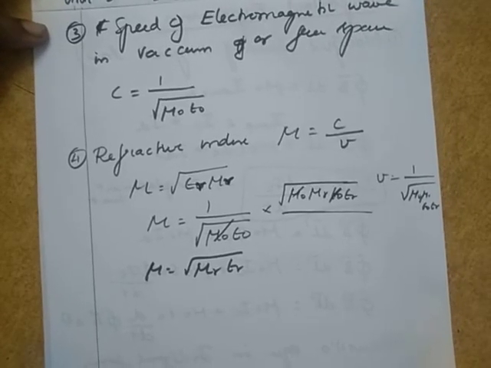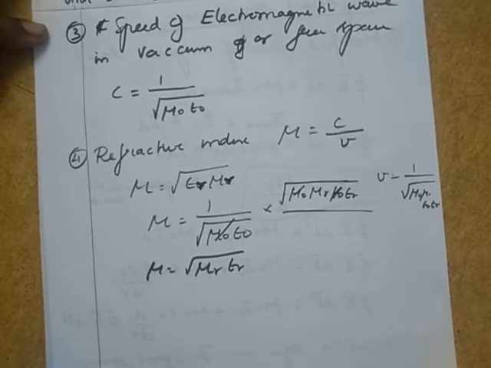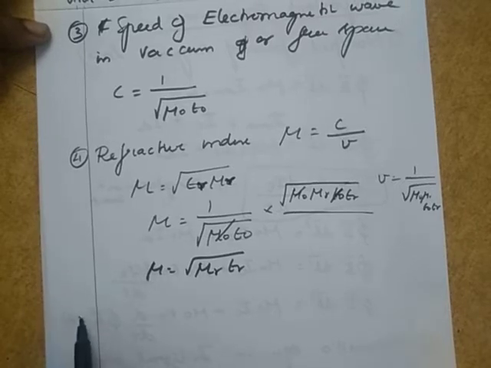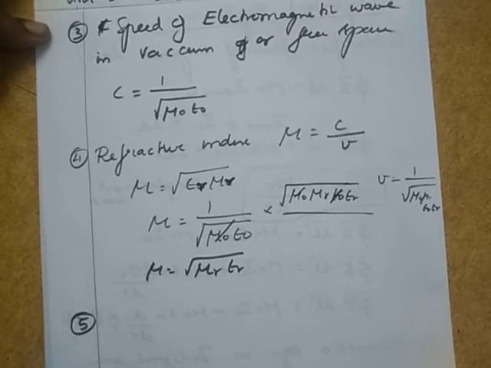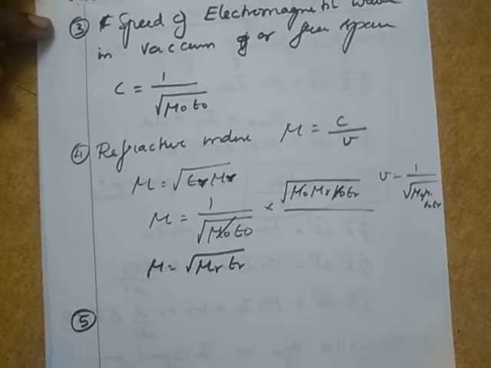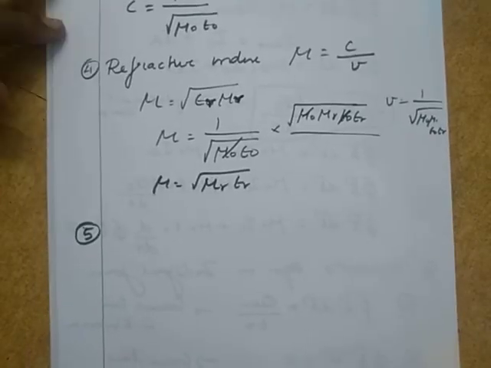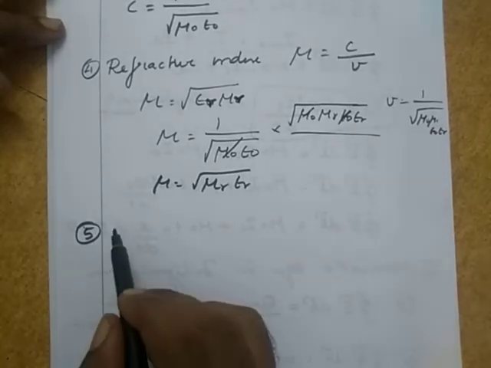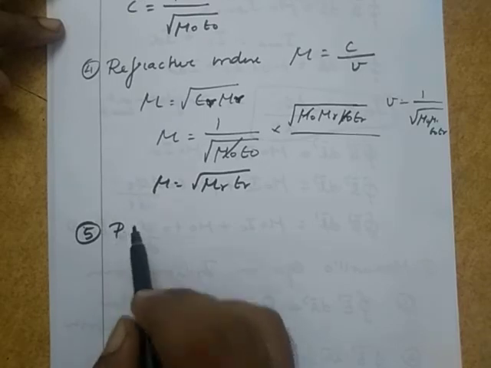One more thing: to find the direction of the propagating electromagnetic wave, we need the Poynting vector.